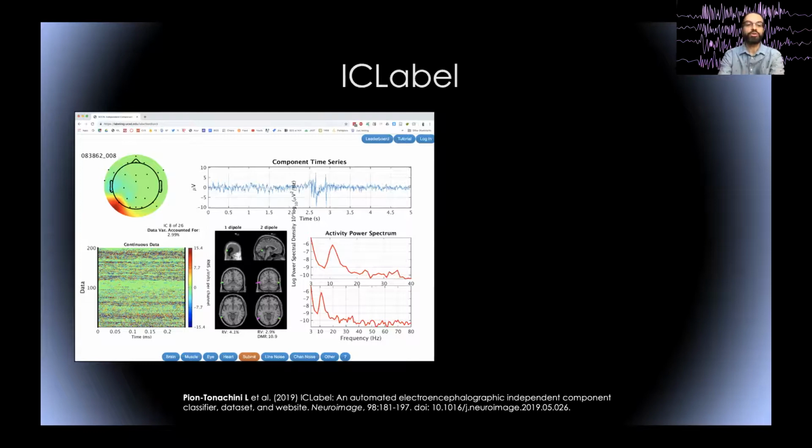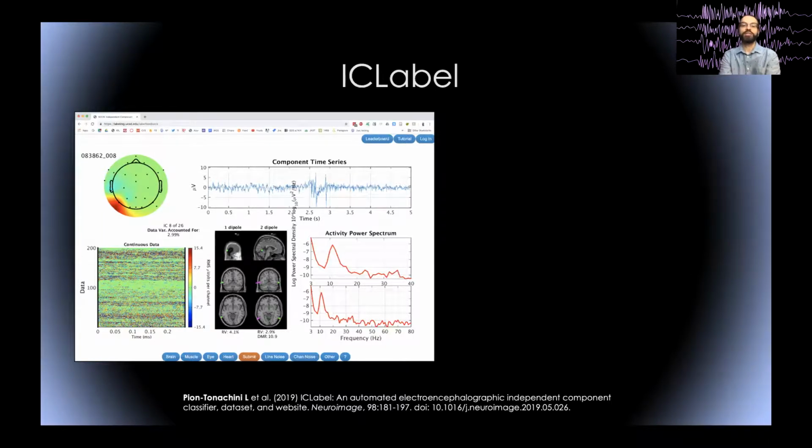These independent contributors have scalp topographies and time courses like EEG channels, and they often represent brain activity or artifacts. And IC Label: Luca Pion-Tonachini was a PhD student in our lab, and he designed that tool in which first he crowdsources labeling of ICA components.